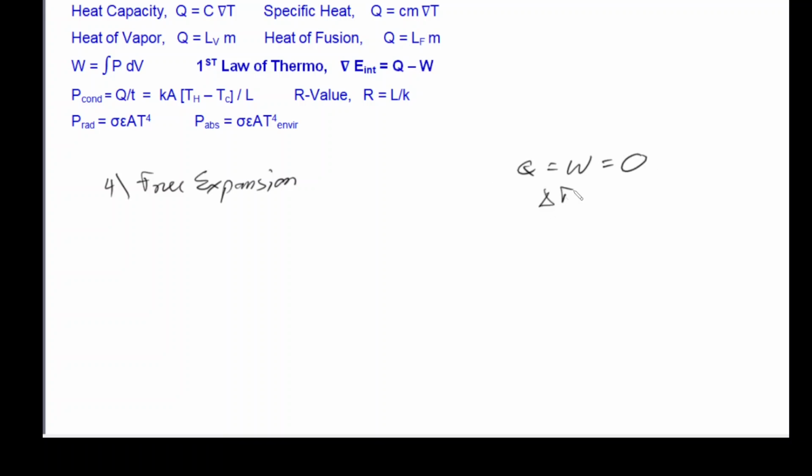And the change in internal energy is therefore 0. Another process is an isolated process, where the system has no interaction with its environment. In this case, no heat is exchanged and no work is done.